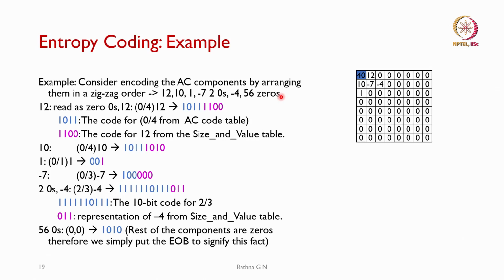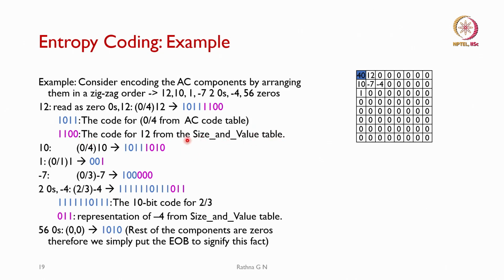So, 12 is read as 0 zeros, and you represent it as 0/4, that is 12 is 1011 1100. You read it as these 4 bits: that is 12, sent as 1011, the code for 0/4 from the AC code table, and 1100, the code for 12 from the size and value table.